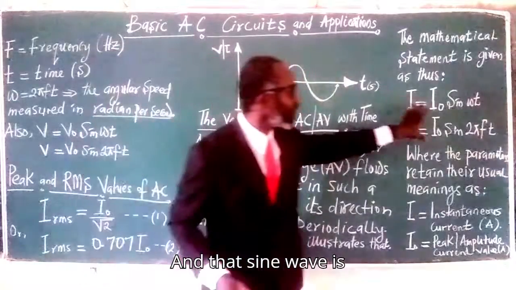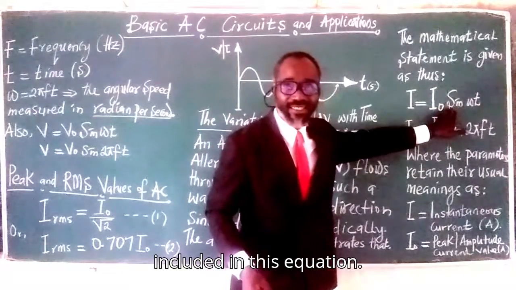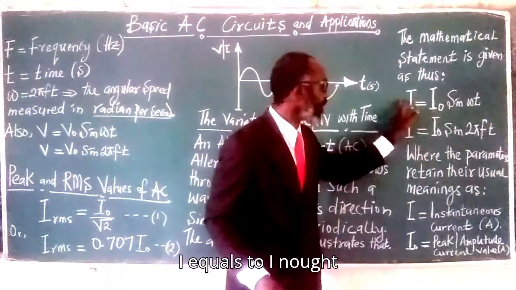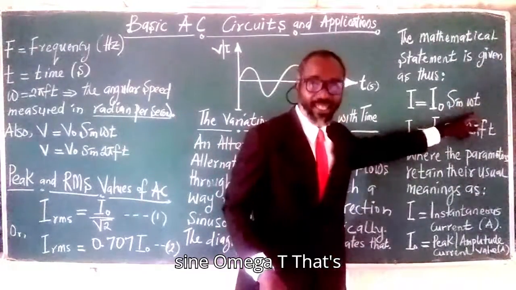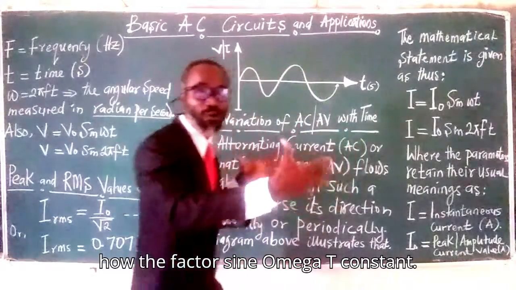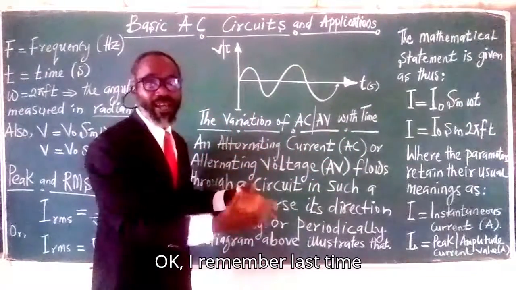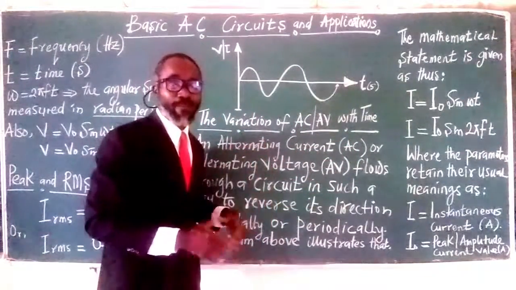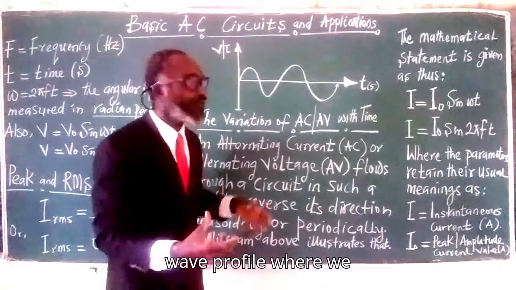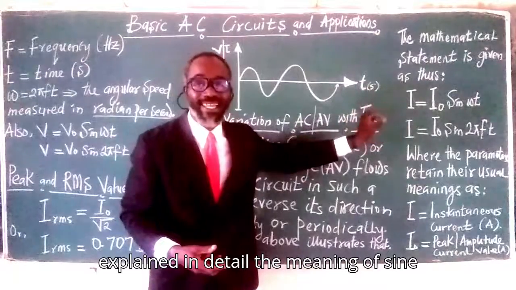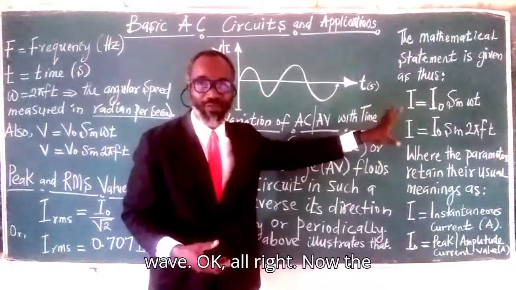And that sine wave is included in this relation, I equals I naught sine omega t. That's how that factor sine omega t comes into play. I remember in my previous video I also treated a wave profile where we explained in detail the meaning of sine wave, okay?